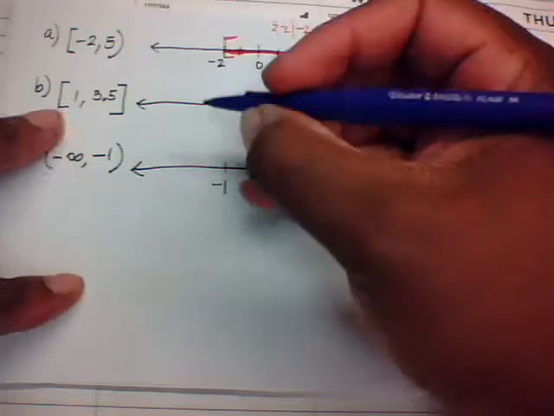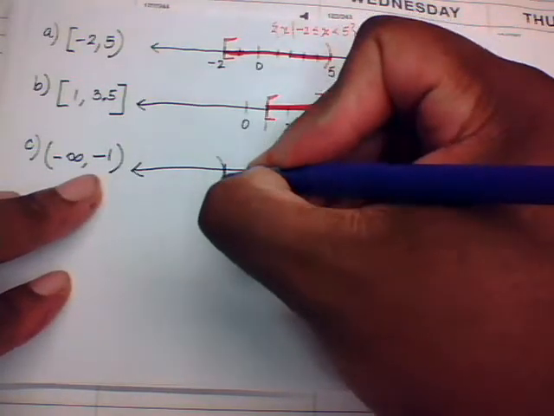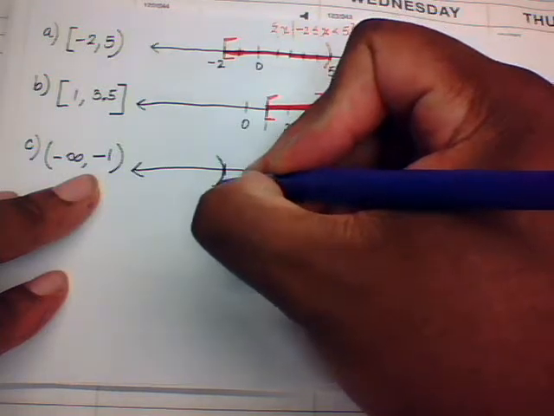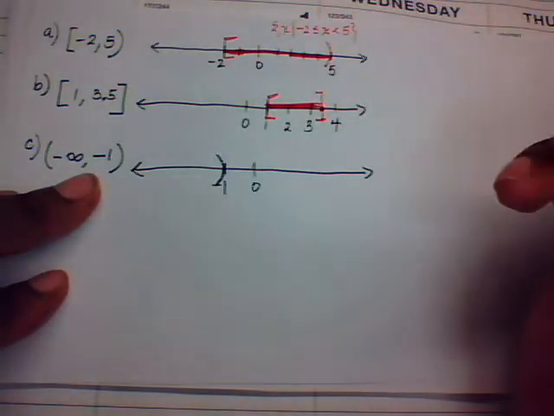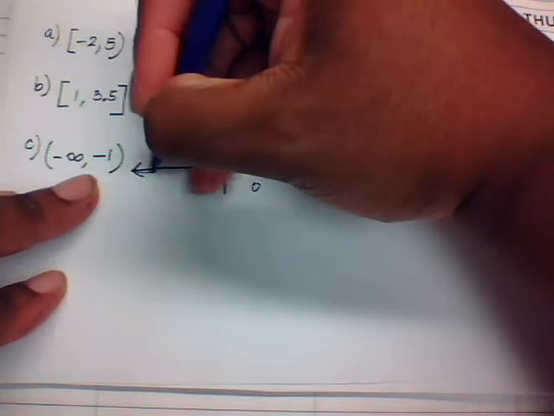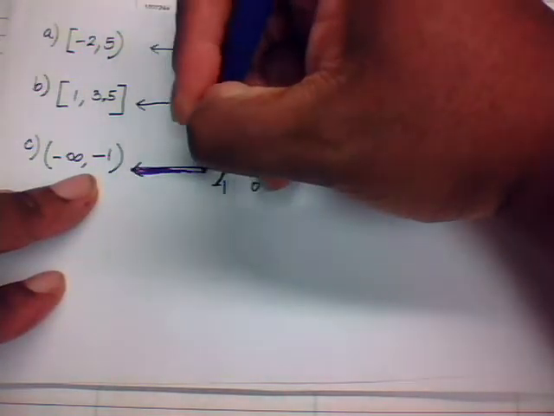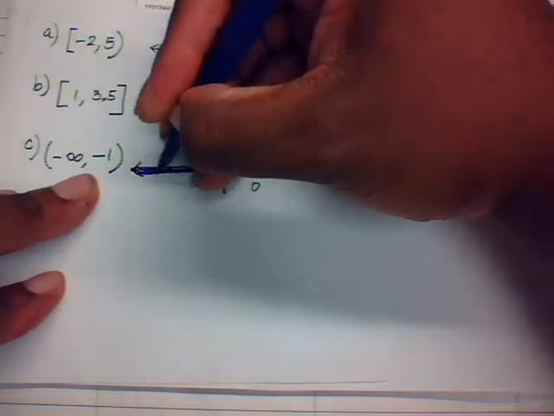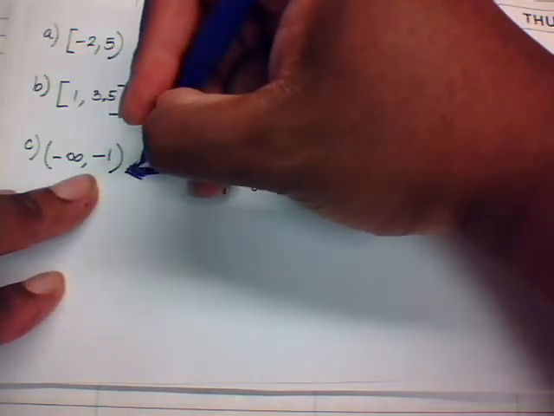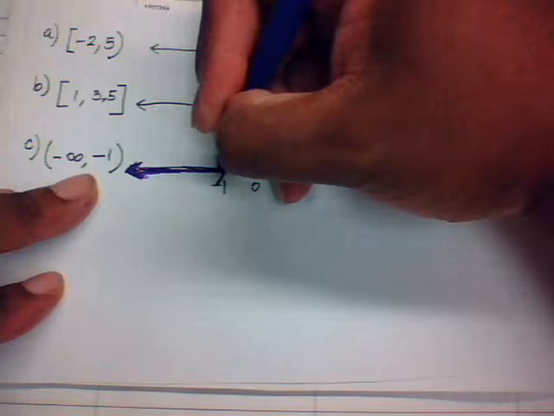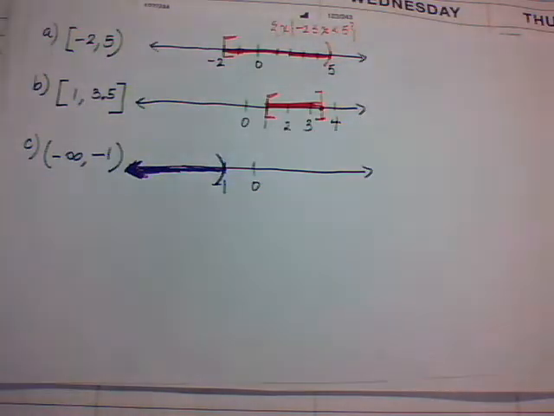So -1 is not included. We use a right parentheses here to show that -1 is not included. And we shade everything to the left of -1 to show that this goes on indefinitely. Okay, so that's how we graph intervals that are written in interval notation.